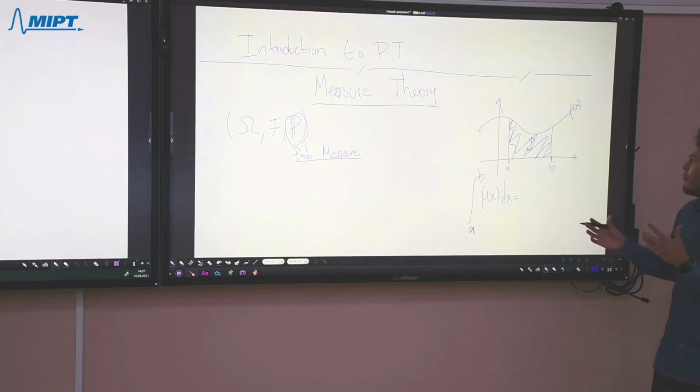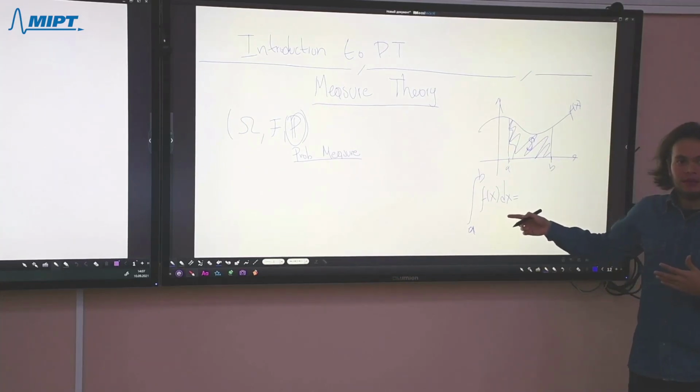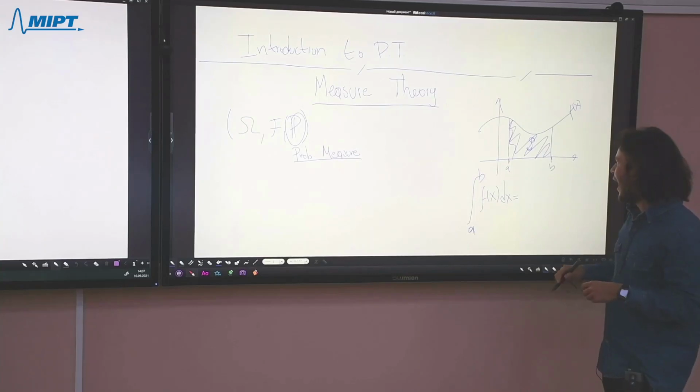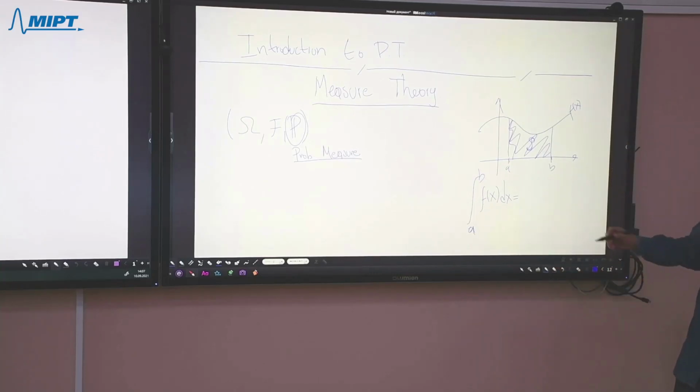How did you compute that area? How did you find this integral last year in calculus? Well, 2 years ago, your first year. All right, yes, but what do you need to do here?